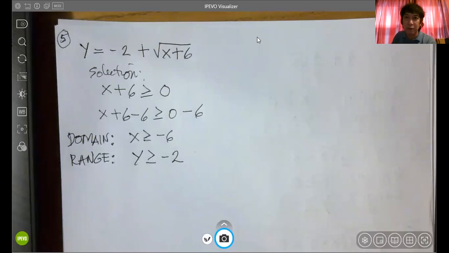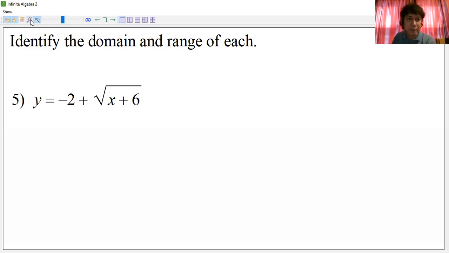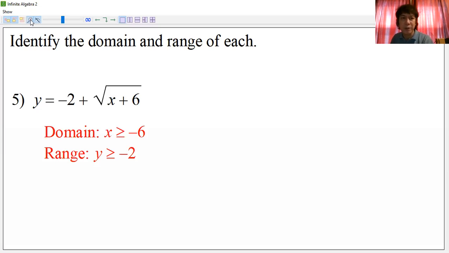We shall see the problem set. Okay, what's the answer? There's the answer. Domain x greater or equal to negative 6. It's correct. The range is y greater or equal to negative 2. Exactly what we have in the paper.